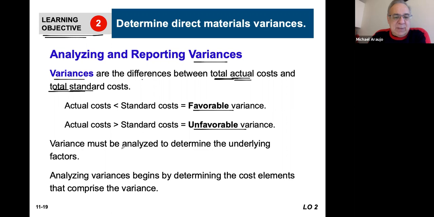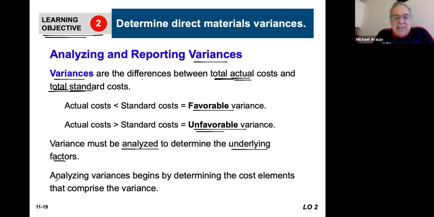And again, all variances are analyzed with the idea of what was the factor that caused it to be favorable or unfavorable. Of course, they look a lot at the unfavorable variances in detail, although you can certainly learn from both.